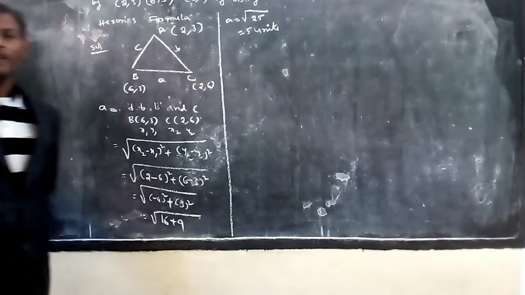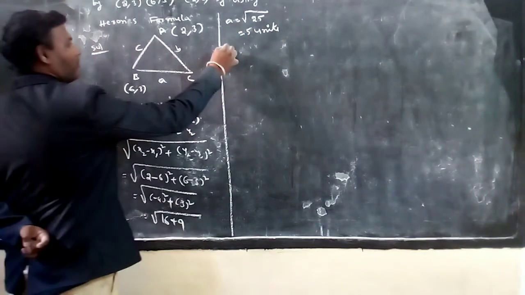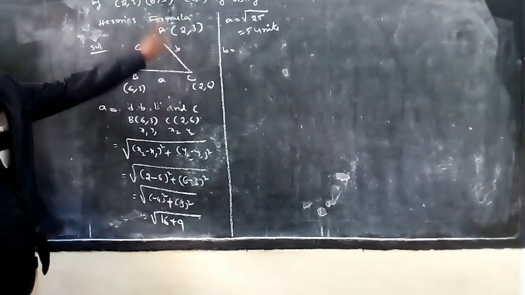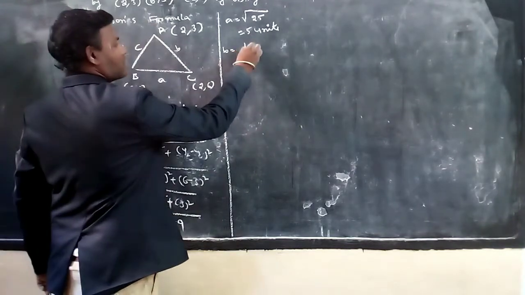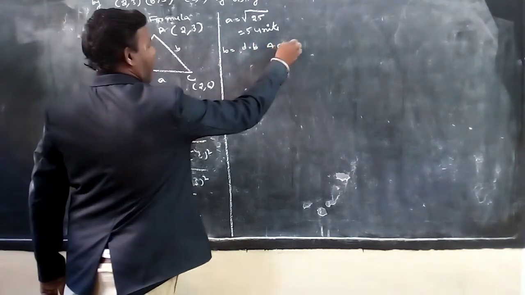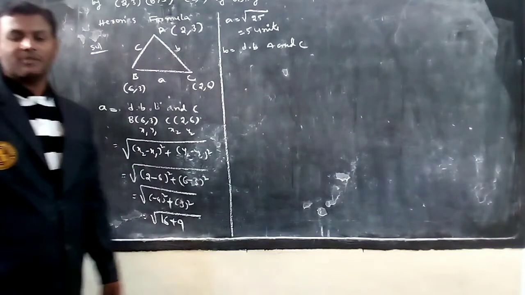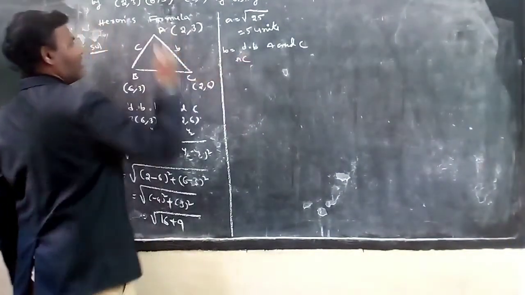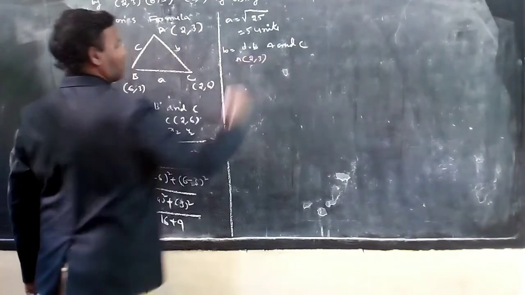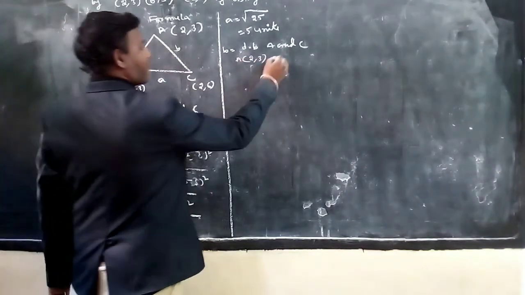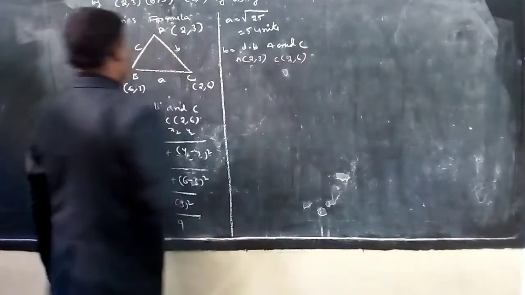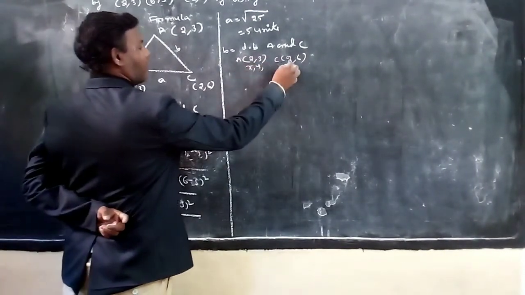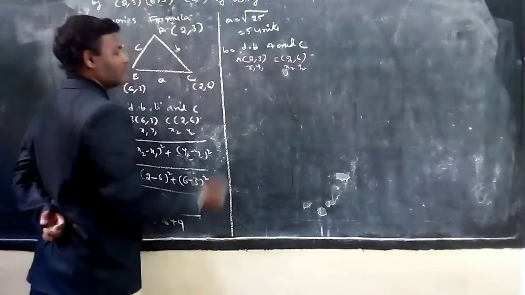What is the value of a? 5 units. Then what about b? b is the distance between A and C. A is (2, 3) and C is (2, 6). Let these be (x1, y1) and (x2, y2).